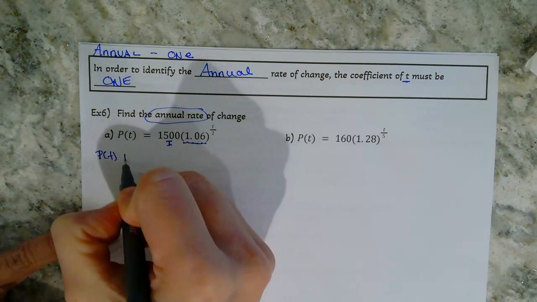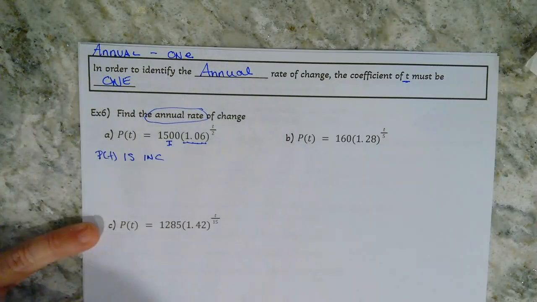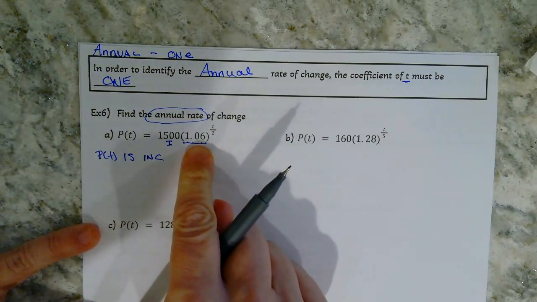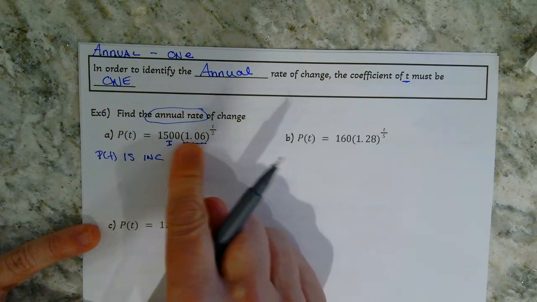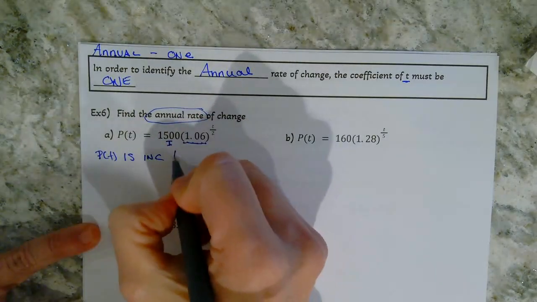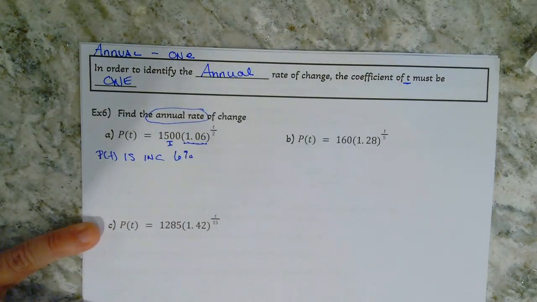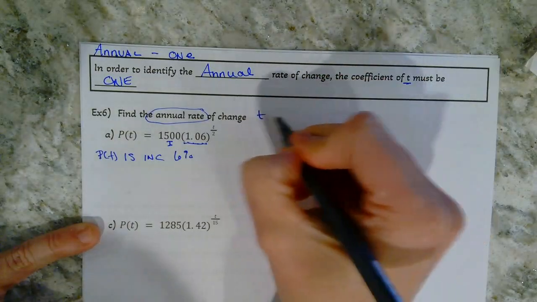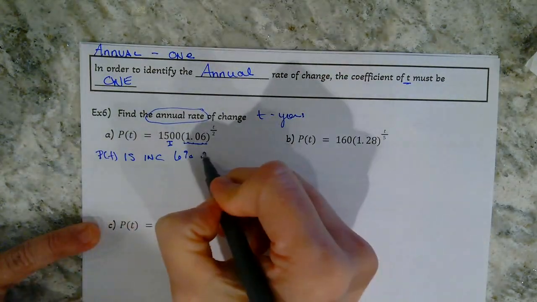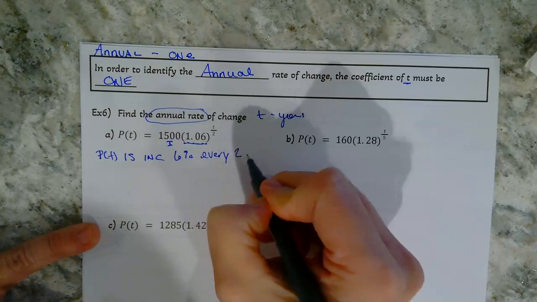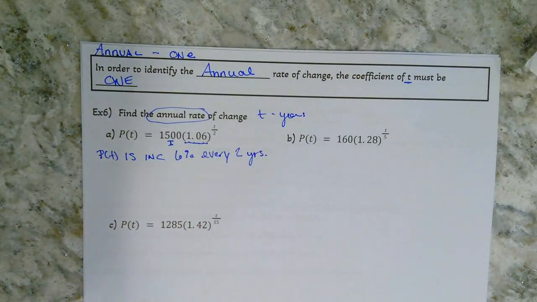So let's say P of T is increasing. Okay, can we do that percent in our head yet? At what percent? This is greater than 1 by 0.06, so it's increasing 6%. How often? And for the sake of this, let's just say T is measured in years. Increasing at 6% every 2 years.